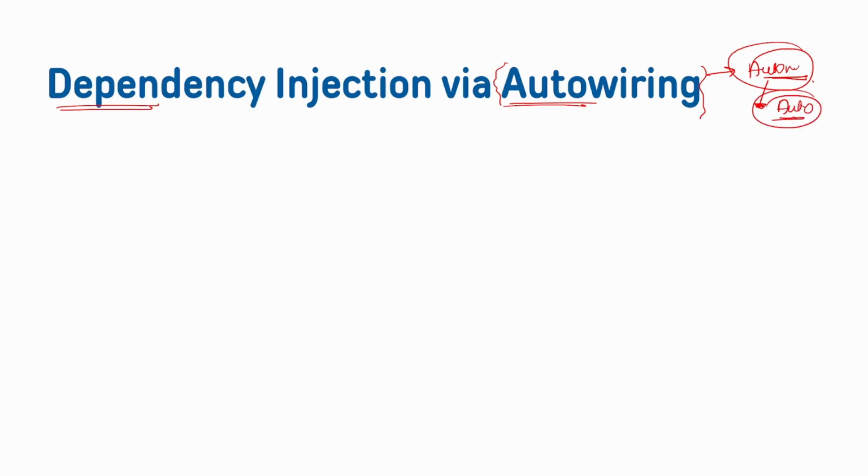And it is a stereotype annotation method. It does not work with the bean annotation. Autowiring only works with stereotype annotations like component, service, repository. And if we want to do it with the help of bean, we can't do it.